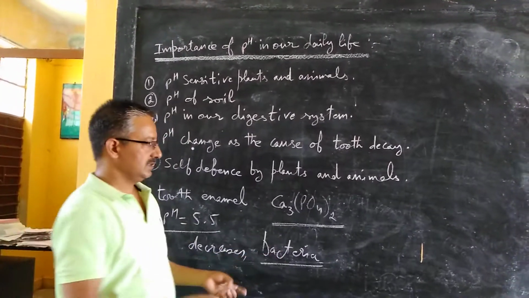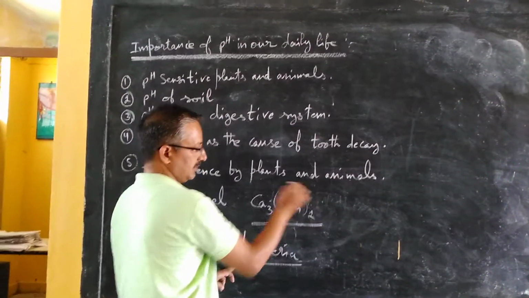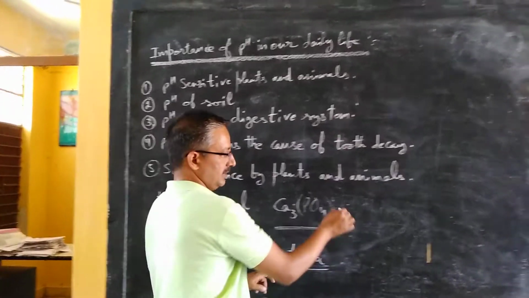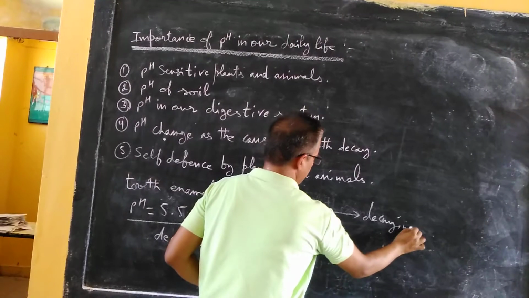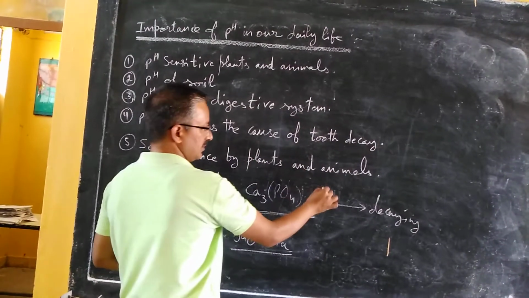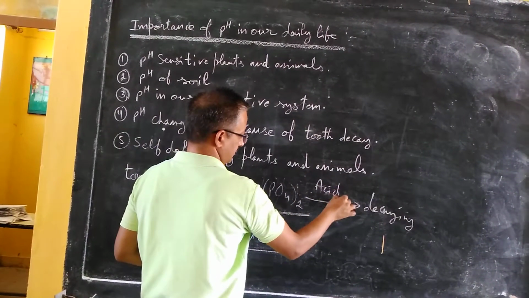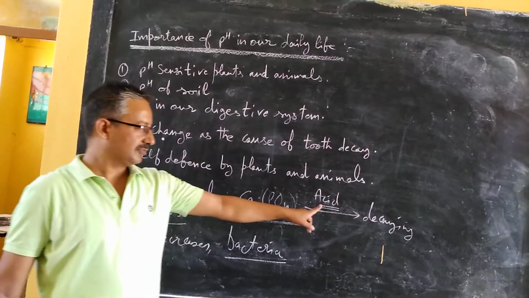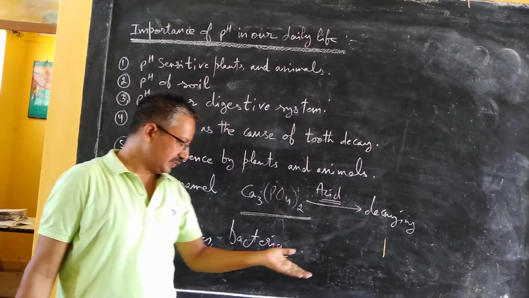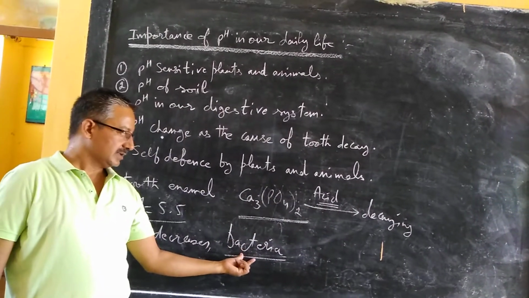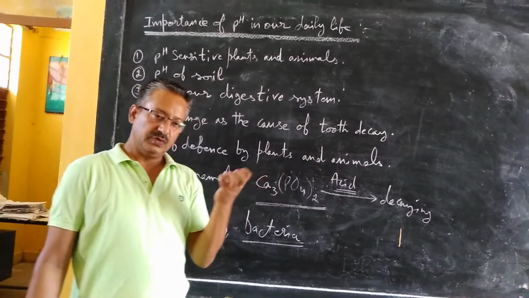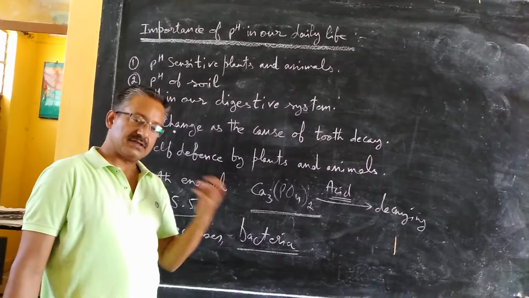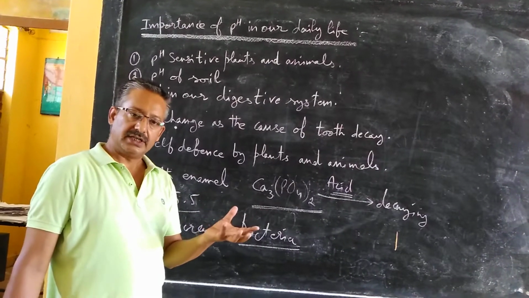Now that acid starts decaying calcium phosphate. It starts decaying because of the effect of acid. How is acid produced? Bacteria start producing acid from those materials which are stuck inside our teeth.